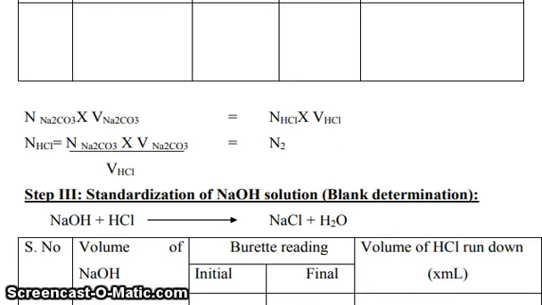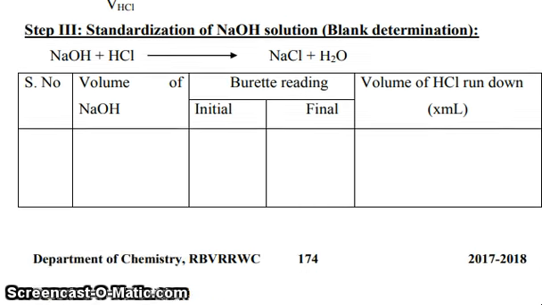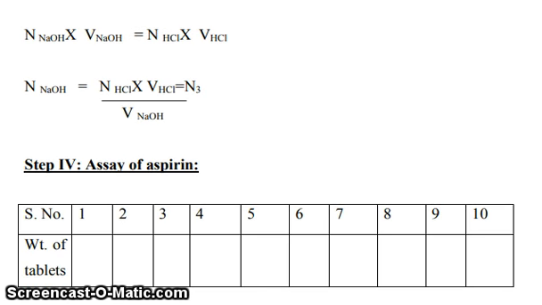In step 3, standardization of sodium hydroxide solution, blank determination. Sodium hydroxide reacts with HCl to give sodium chloride and H2O. Serial number 1, 2, 3, volume of NaOH, burette reading initial and final, and volume of HCl run down. So friends, then you do the calculation.